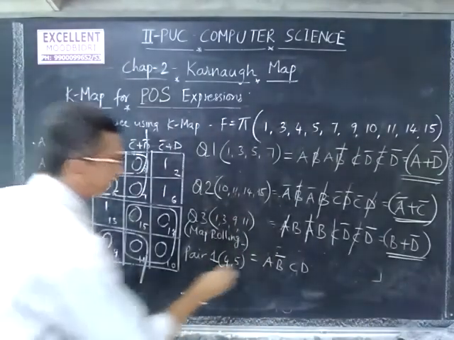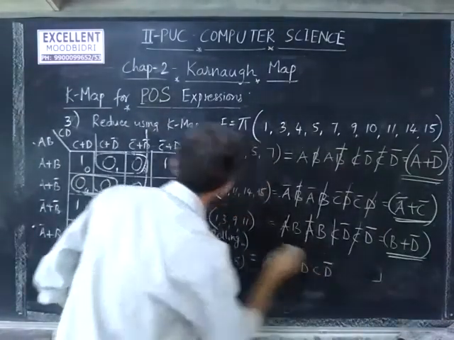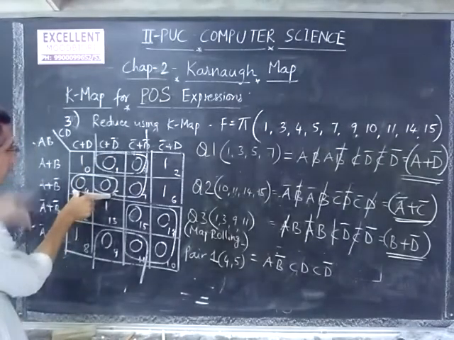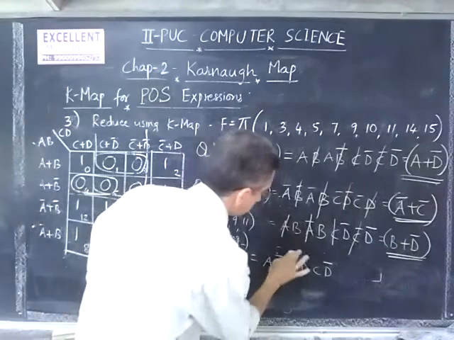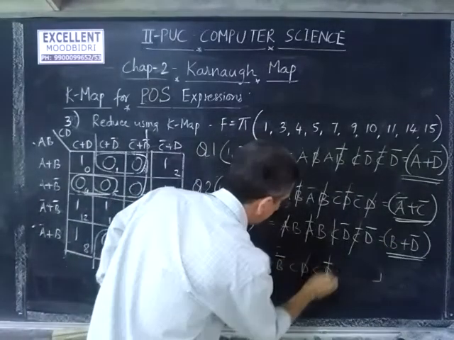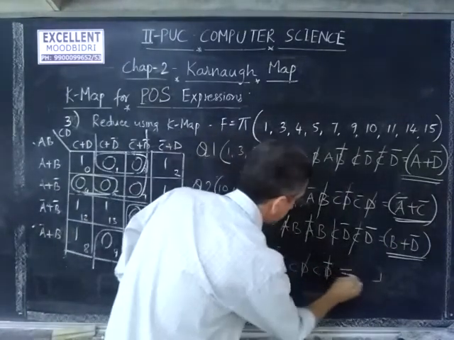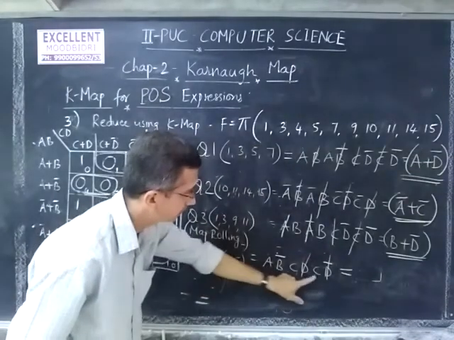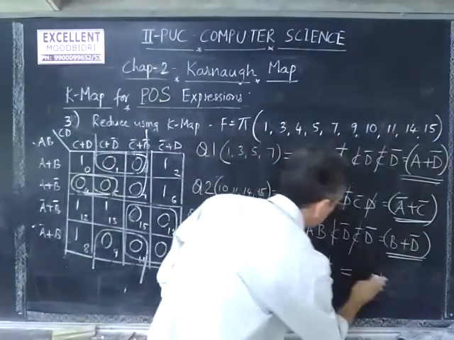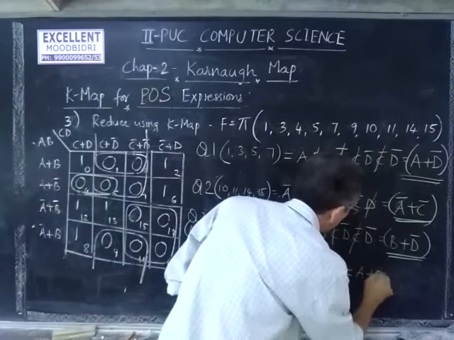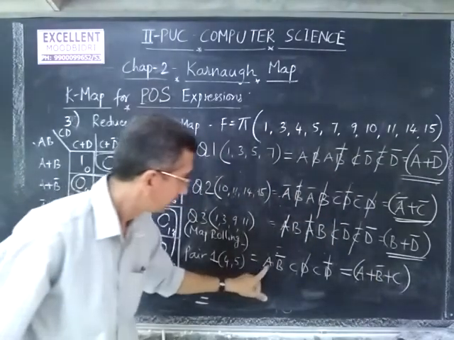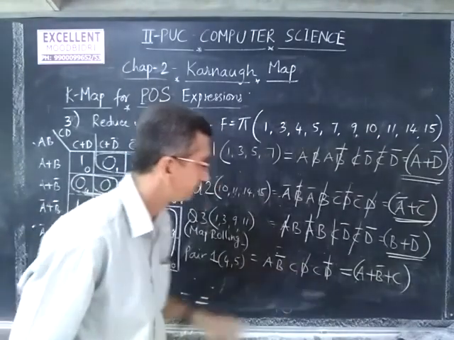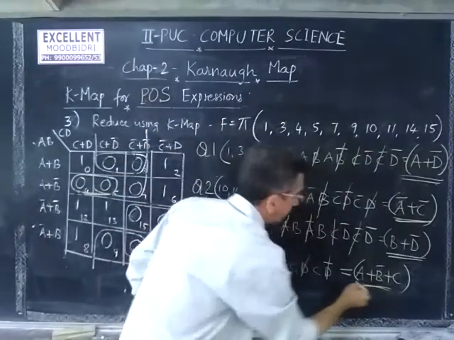That's one. These two pairs, A B bar, C D bar. So B and D bar will cancel. So what remains is A plus B bar plus C. That is the term available from the pair.